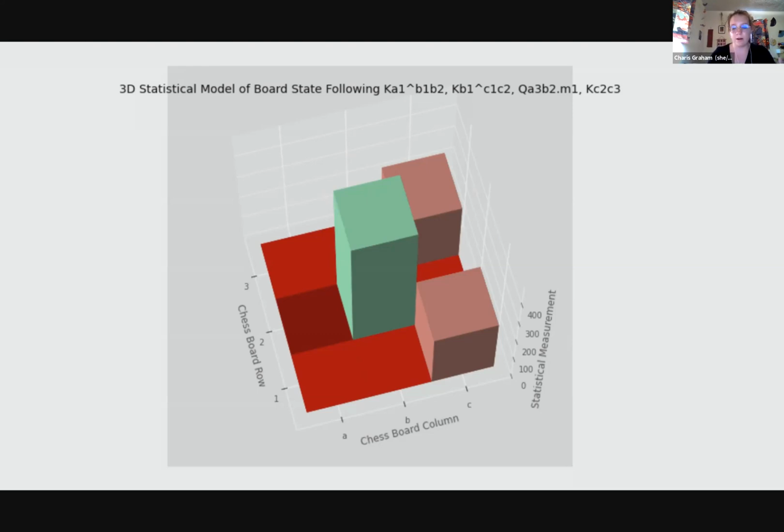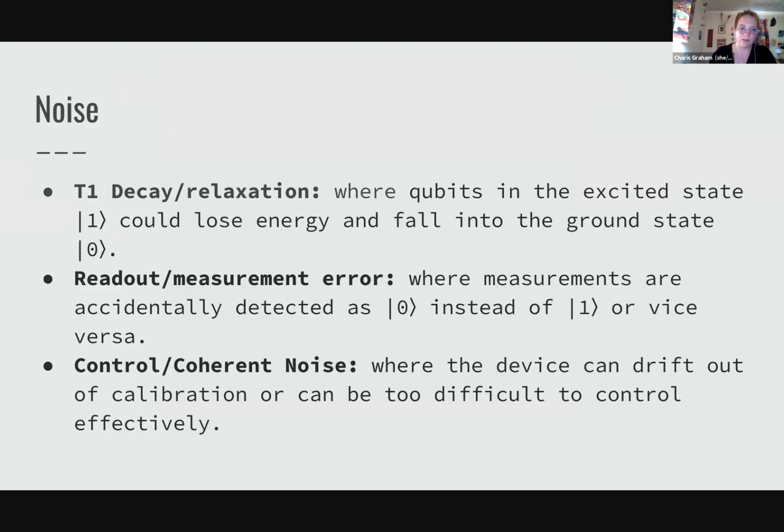Another example of where this data visualization can come in is with noise. So before I go into how you can use it to represent noise, I need to explain a bit about what noise is. In quantum computing, the construction of qubits is very finicky, and so things can go wrong pretty easily.